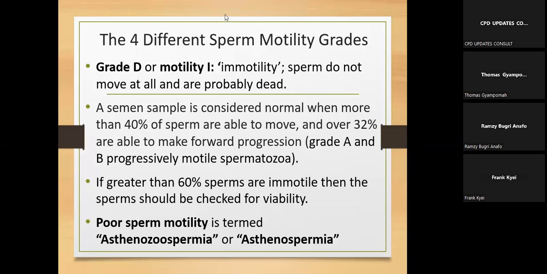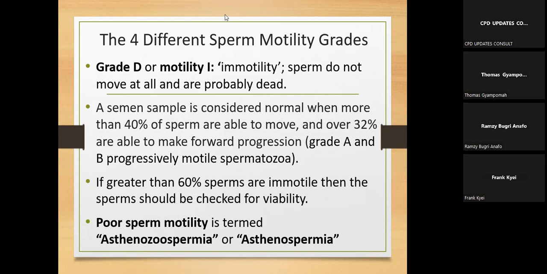So what I'm saying is that if you look at the 5th edition WHO manual, which was published in 2010, that was what had been used for a very long time. People are using it. The current one, the 6th edition, was published in 2021. Yet a lot of people are more familiar with the 2010 edition, and they keep on making references to that.